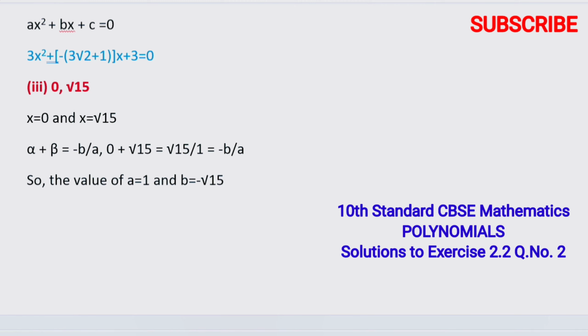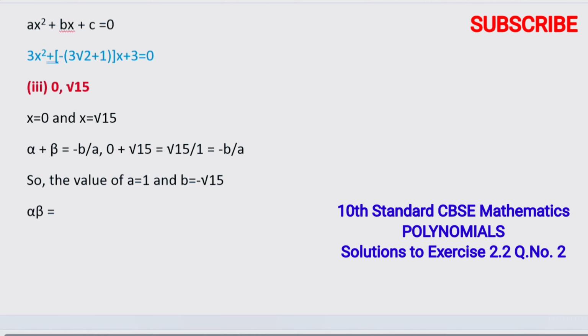Now we'll go for the product of the zeros, alpha into beta.